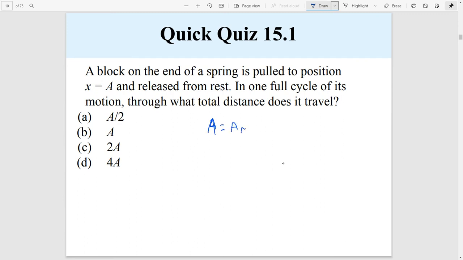The spring will compress and stretch up to an amplitude of A. So if you stretch it by 5 meters, it'll swing back and compress by another 5 meters, and then jump back out, stretch again up to 5, and then compress back, so on and so forth. But a full cycle is really just how long it takes to go back to its initial position.